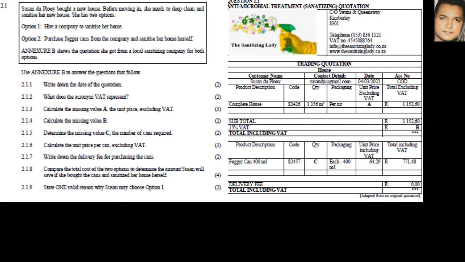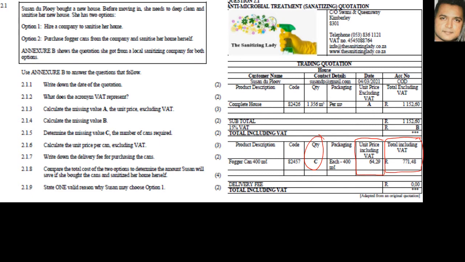2.1.5, determine the missing value C, the number of cans required. So let's locate C. So we see C is the quantity, so that's how many cans we need, and then in order for us to find this, we need to find the cost of all those cans, which would be that there, right? Remember this is including VAT, but also in order for us to work backwards, we need to know the price of one of those items.